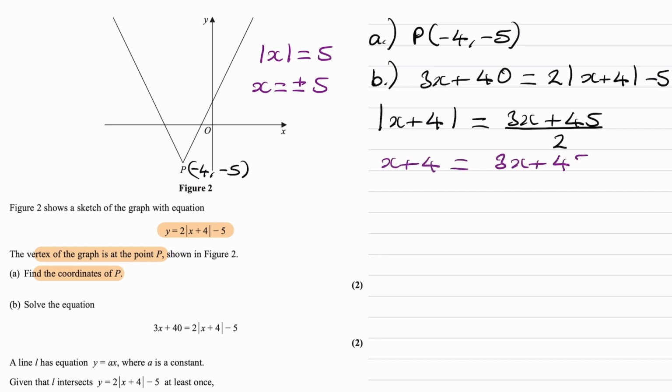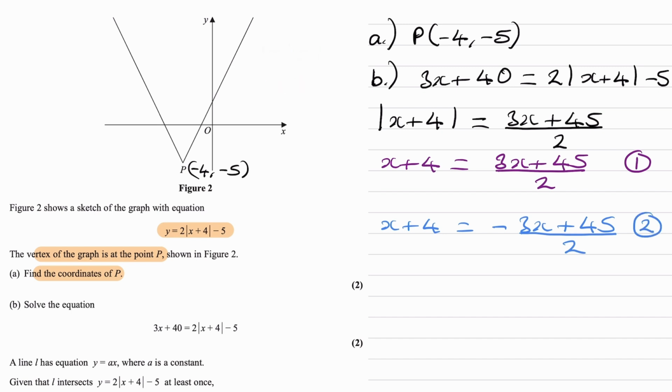So I'll write that in 2 separate equations, and I'll do that in 2 different colors as well. Let's start with the positive one. I'll call that equation 1. And then x plus 4 is equal to the negative of 3x plus 45 over 2. Let's call that equation 2. Okay, let's solve these 2 now. We'll start with equation 1, the purple one, times everything by 2. We get 2x plus 8 is equal to 3x plus 45. And if we rearrange this, we end up with x is equal to minus 37.